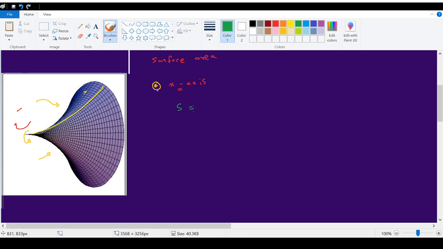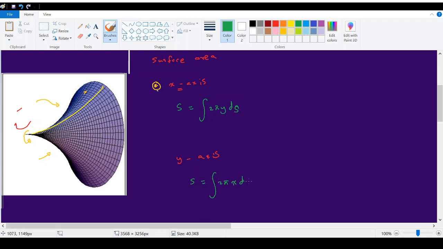For the x-axis, the formula is S is equal to 2 pi y ds. I'll explain these terms with an example also. And for the y-axis rotations, you have a very similar formula but with a slight difference.